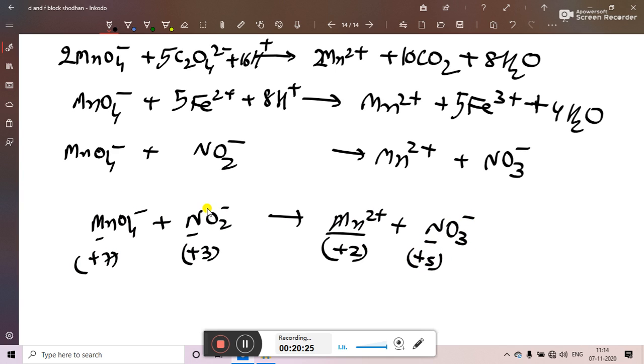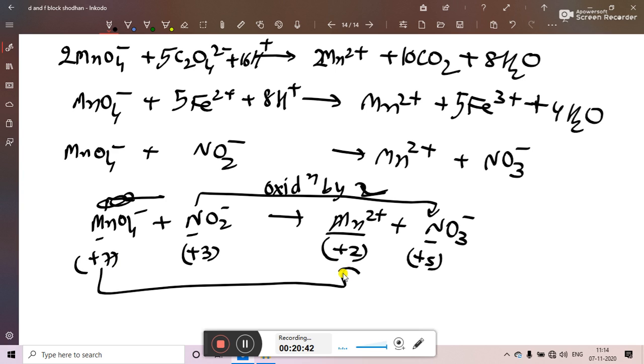So here there is an oxidation of nitrogen from plus 3 to plus 5, an oxidation by 2, and there is a reduction of Mn from plus 7 to plus 2 by 5.